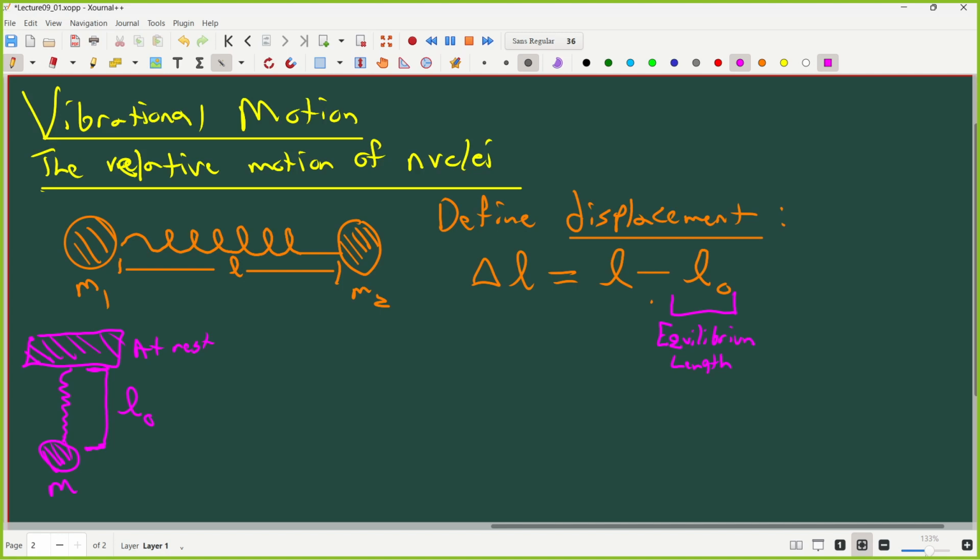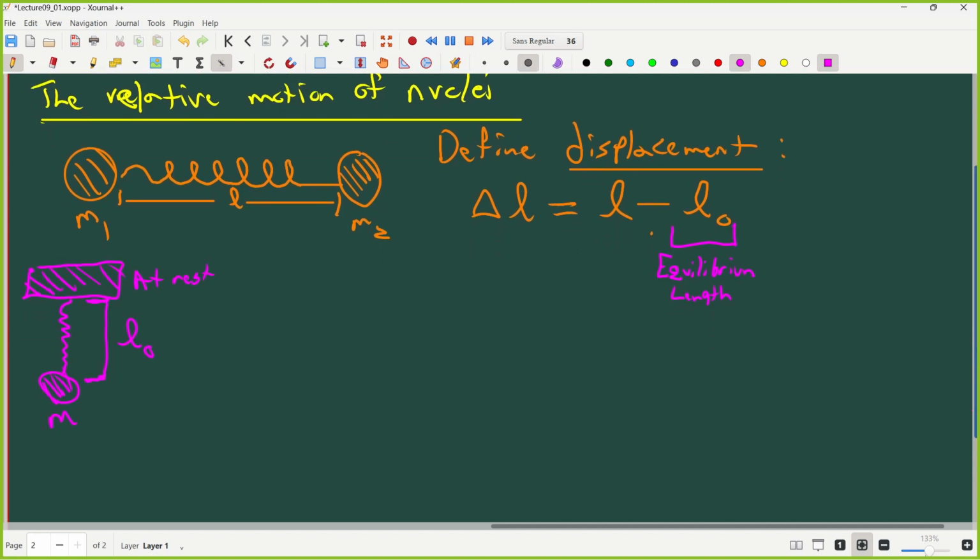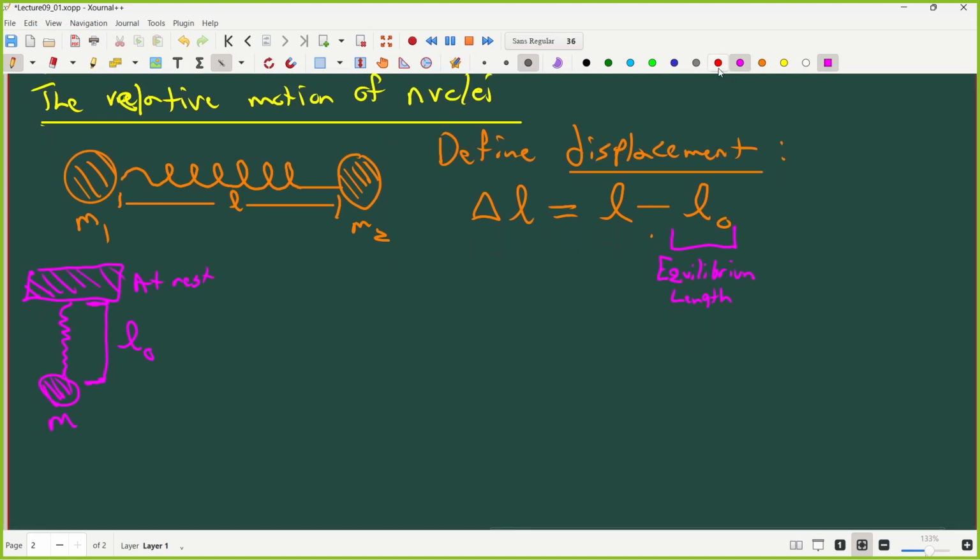What I want to think about is what happens when I stretch my molecule out and let it go. I want to think about the physics of the bond, the physics of that motion once I stretch it and let it go. So I'm going to do this classically. How do we do it classically?